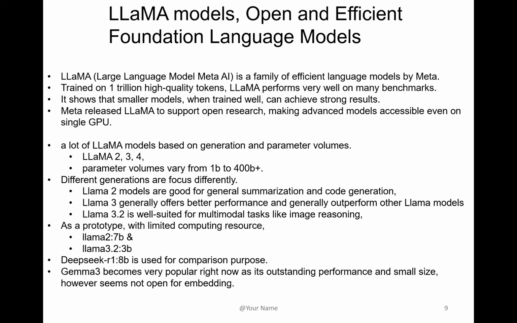It has a series of generations, like 2, 3, 4, and each generation has different parameter settings from as low as 1 billion to above 400 billion, and each generation focuses differently. LLaMA 2 is usually very good at general summarization and code generation, while LLaMA 3 has even better performance.